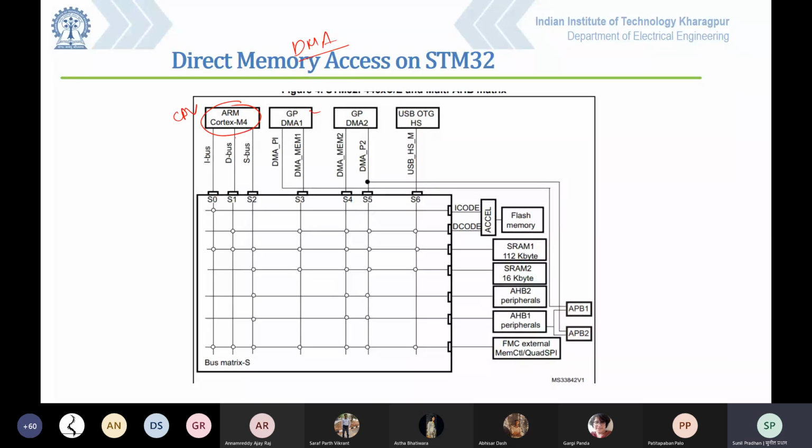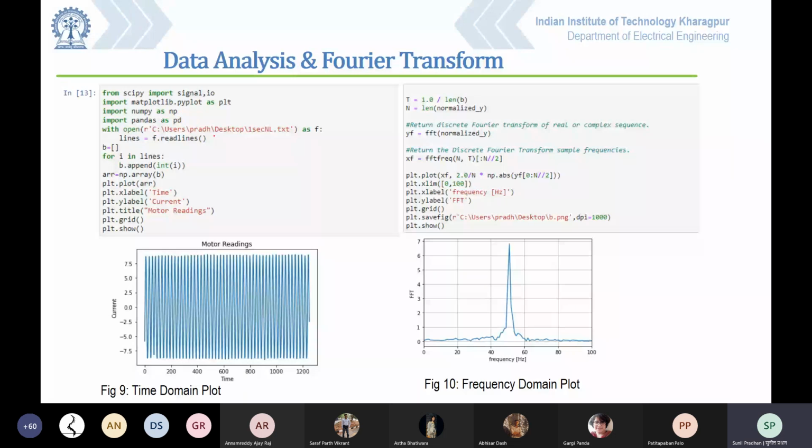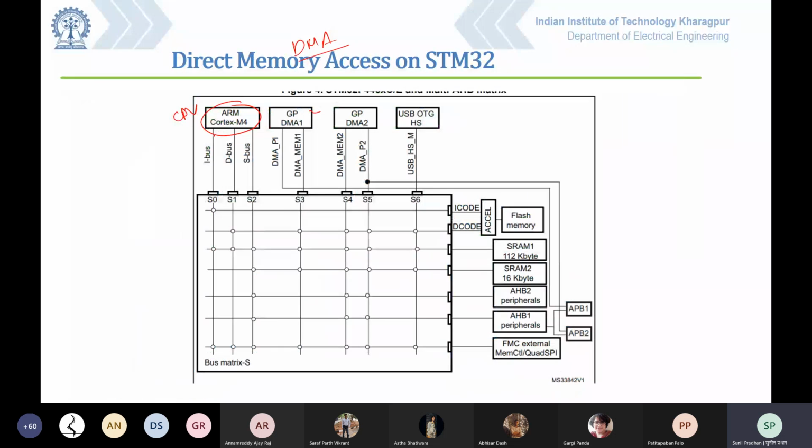You can assume that we have 7 masters and 7 slaves. I got this from the data sheet of that microcontroller. So this is master 1, master 2, master 3, master 4, master 5, master 6, and master 7.